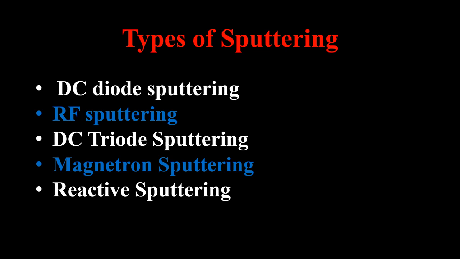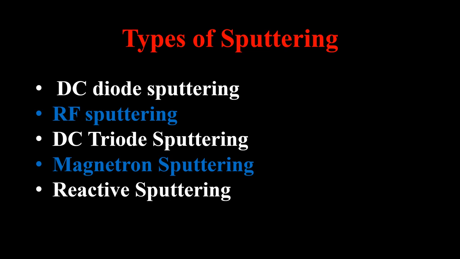All these physical processes basically use ions as a bombardment source, but in each of these processes there are certain changes, such as in magnetron sputtering we use magnetic coils or magnetic rods along the side of the ions.